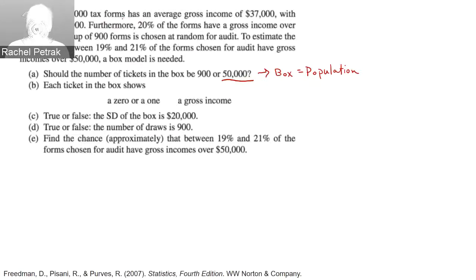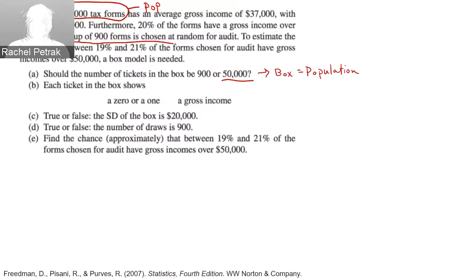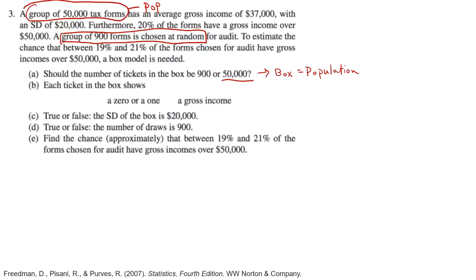From that group of 50,000 tax forms, a group of 900 forms is chosen at random. 900 forms is our sample. So this is our population for the box, and our 900 forms chosen at random are the sample.